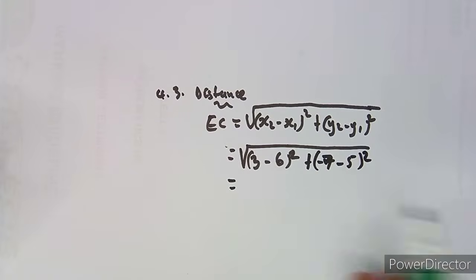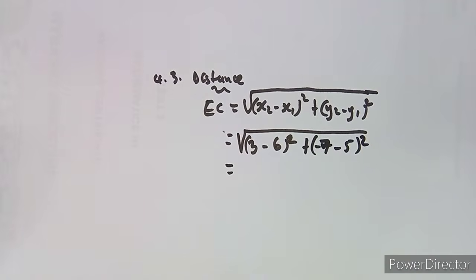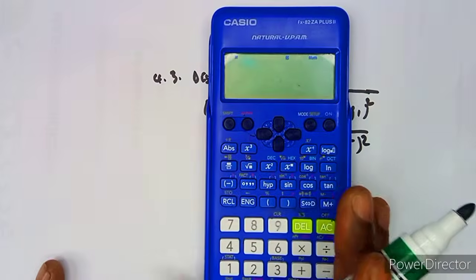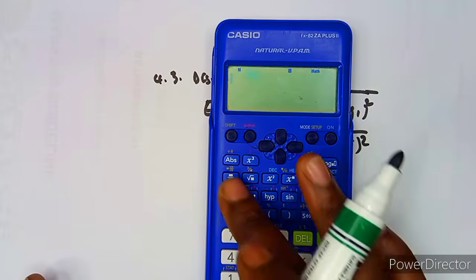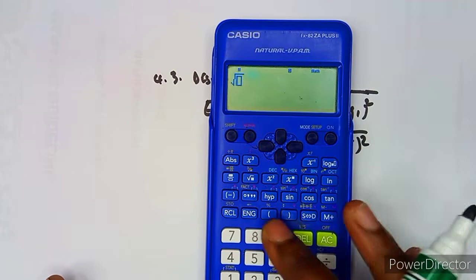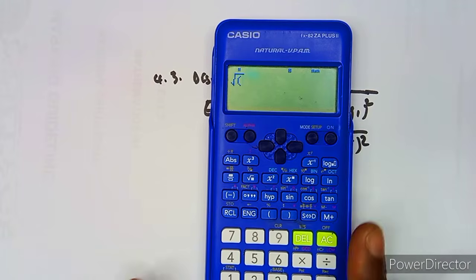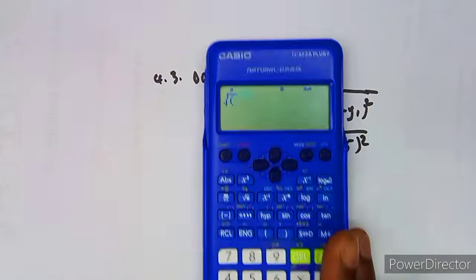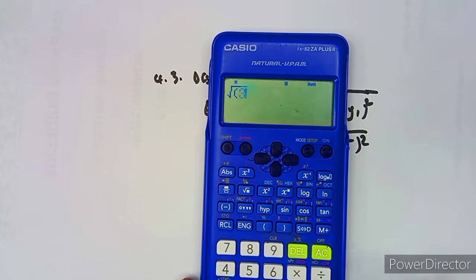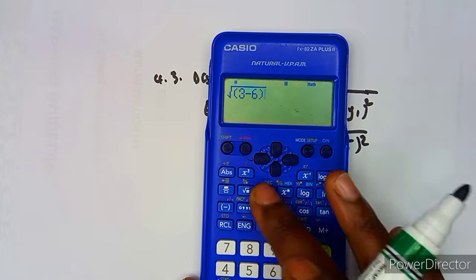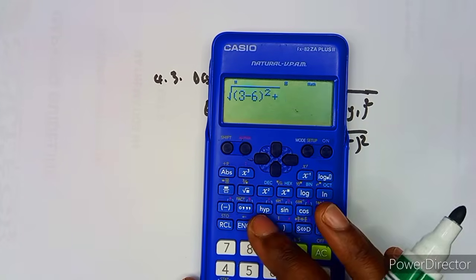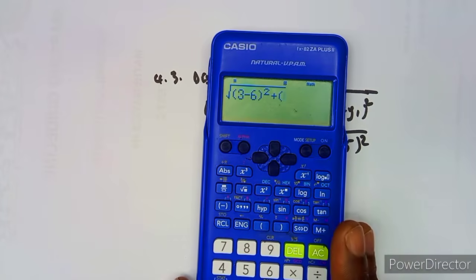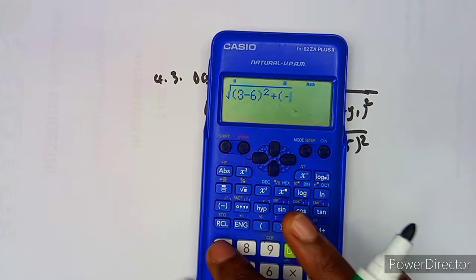Okay, so you can use your calculator to simplify this value. Just use the square root of, put a bracket. The first value was 3 minus 6 squared, so this is 3 minus 6, you close that bracket, squared, plus we move on to the y, which was minus 7 minus 5, if I'm not mistaken.